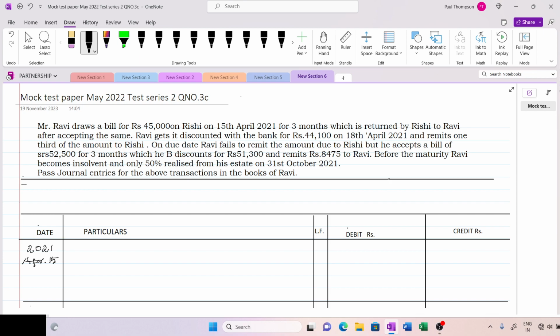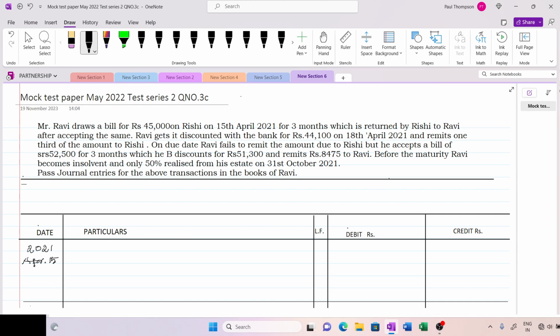On due date, Ravi fails to remit the amount due to Rishi, but he accepts a bill for rupees 52,500 for 3 months, which Rishi discounts for rupees 51,300 and remits rupees 8,475 to Ravi. Before the maturity, Ravi becomes insolvent and only 50% is realized from his estate on 31st October 2021.